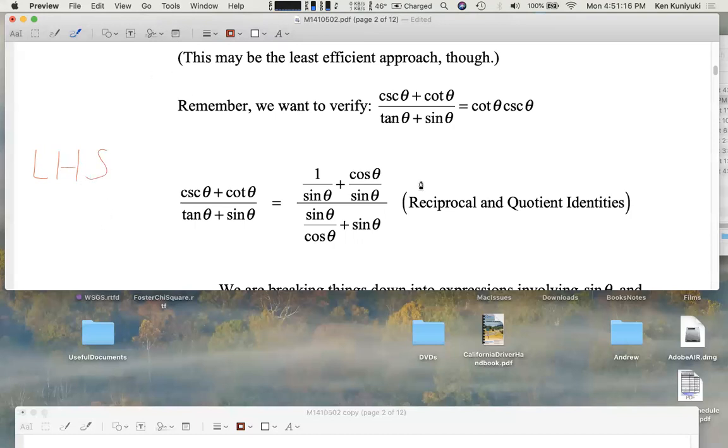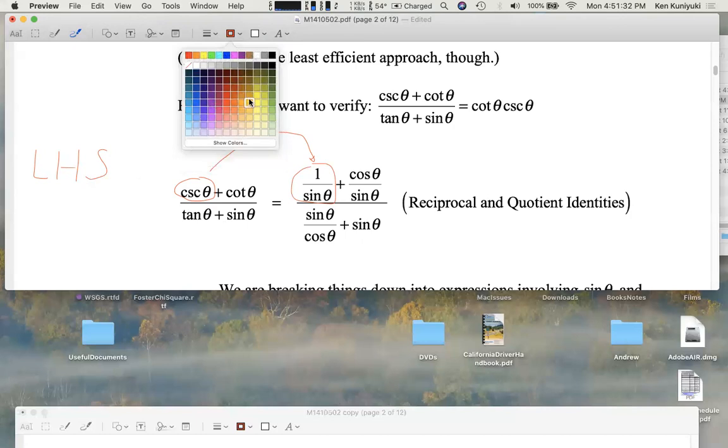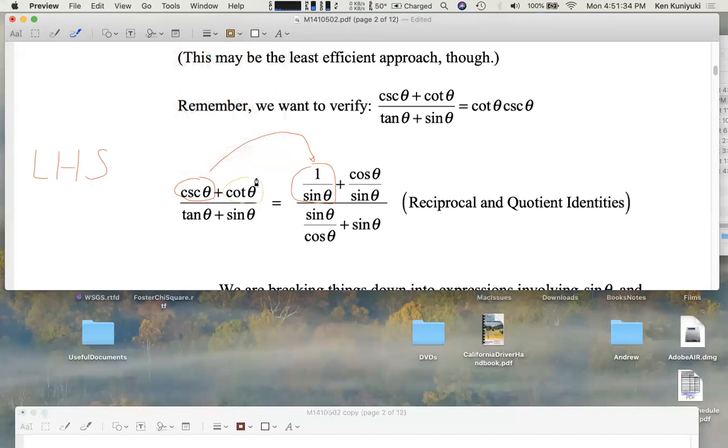Again, let's apply the reciprocal and quotient identities to break these things down into pennies and nickels, sine of theta and cosine of theta. All right, cosecant of theta by a reciprocal identity becomes 1 over sine of theta. Cotangent of theta by a quotient identity becomes cosine of theta over sine of theta.